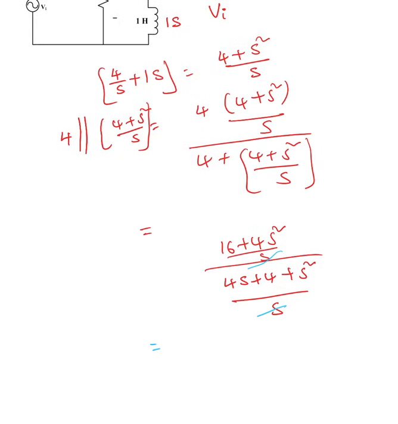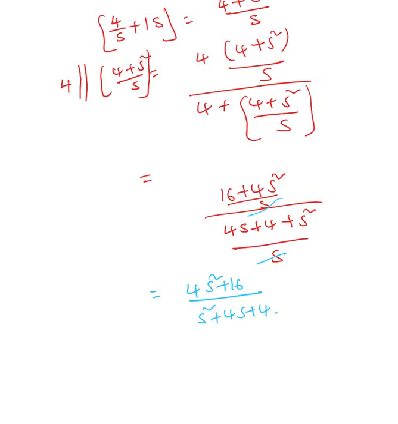Now I have 4S square plus 16 over S square plus 4S plus 4. That's Zx.